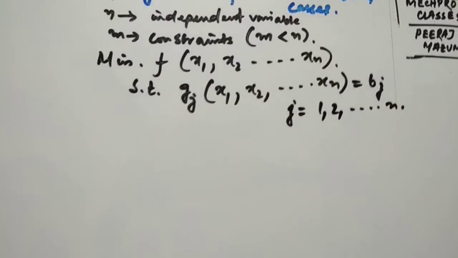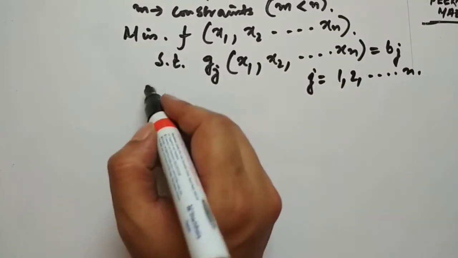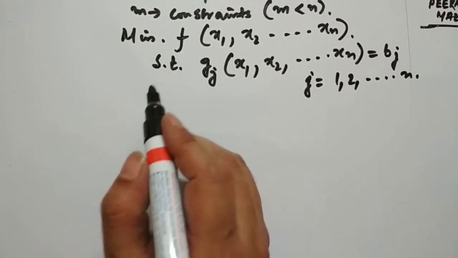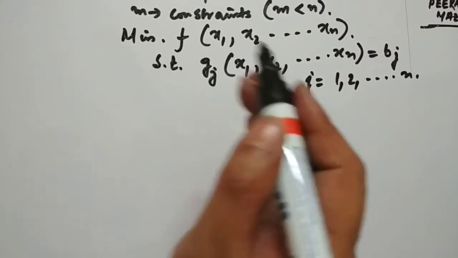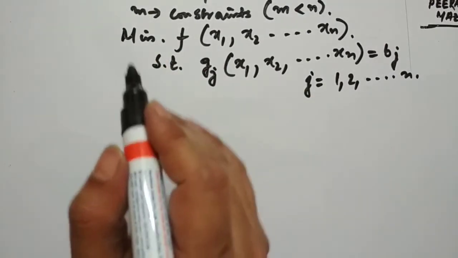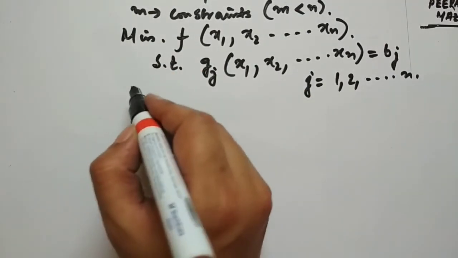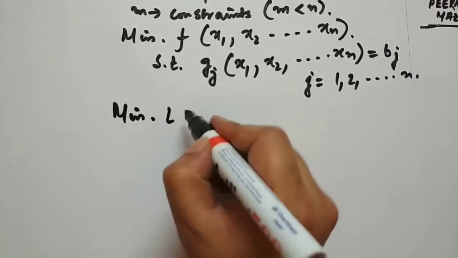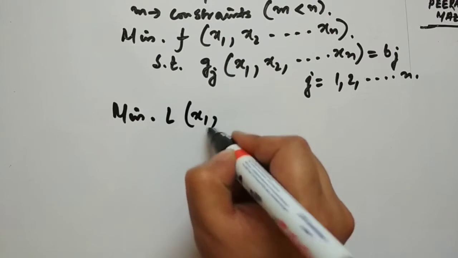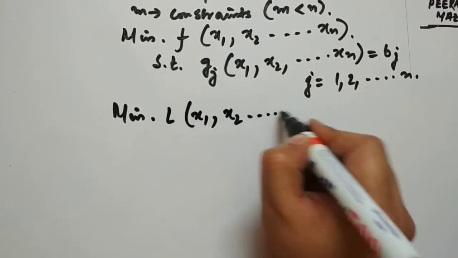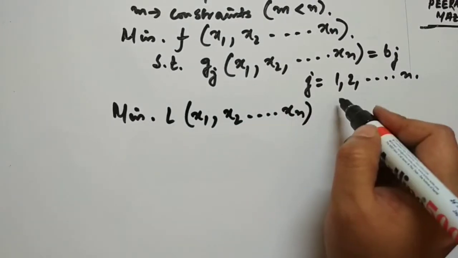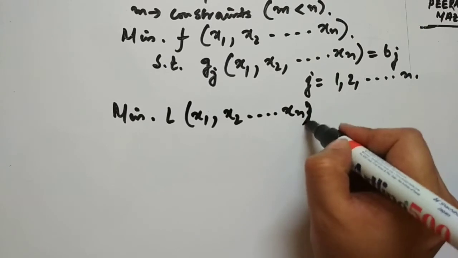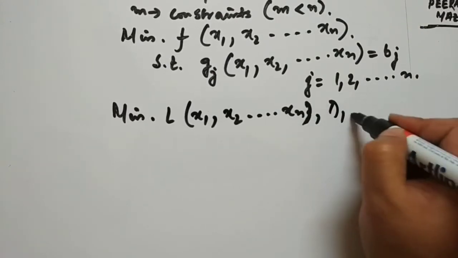This same problem can be converted into a Lagrangian multiplier or unconstrained one by introducing a Lagrangian. So I can write it as minimize L of x1 comma x2 up to xn, and lambda 1, lambda 2 up to lambda m.